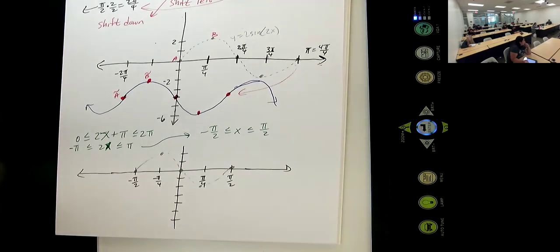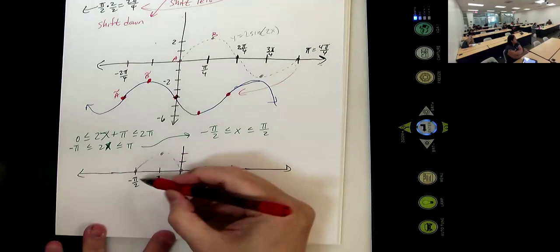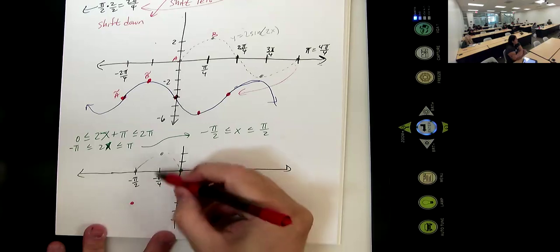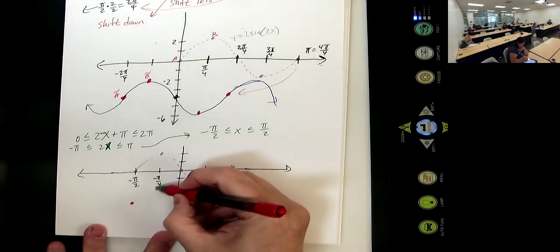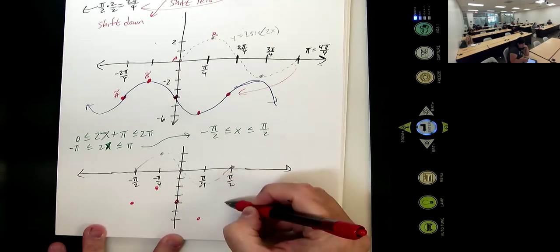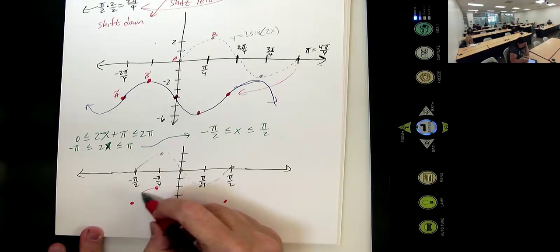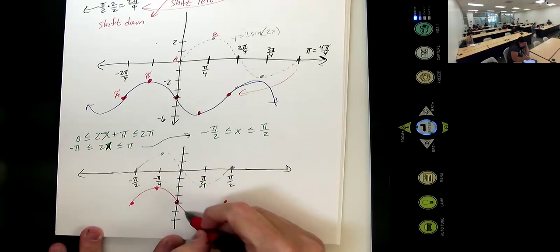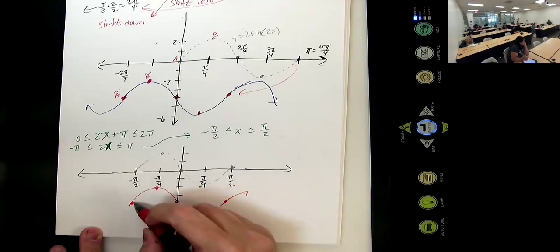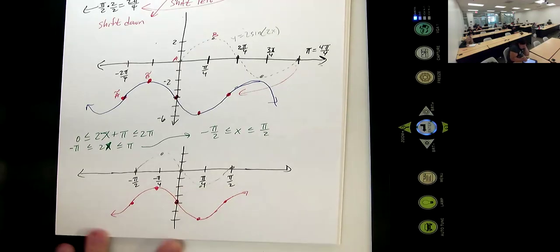And now all I've got to do is shift it down 4. Same way of drawing, or different ways of drawing the same graph.